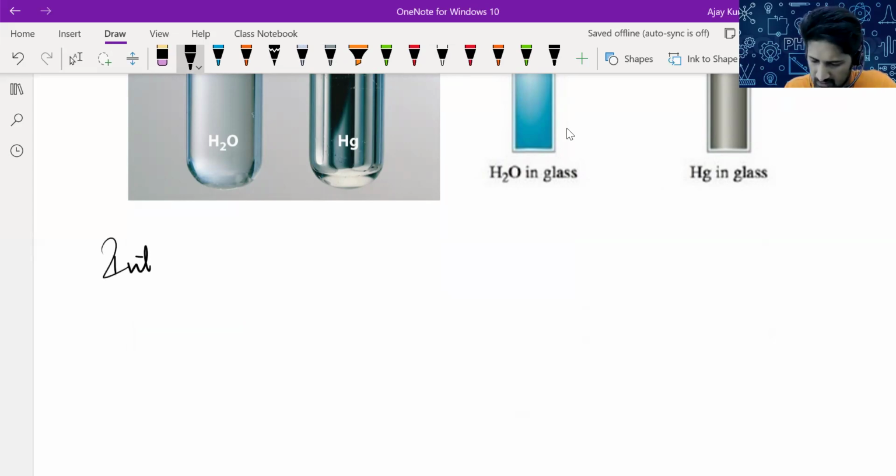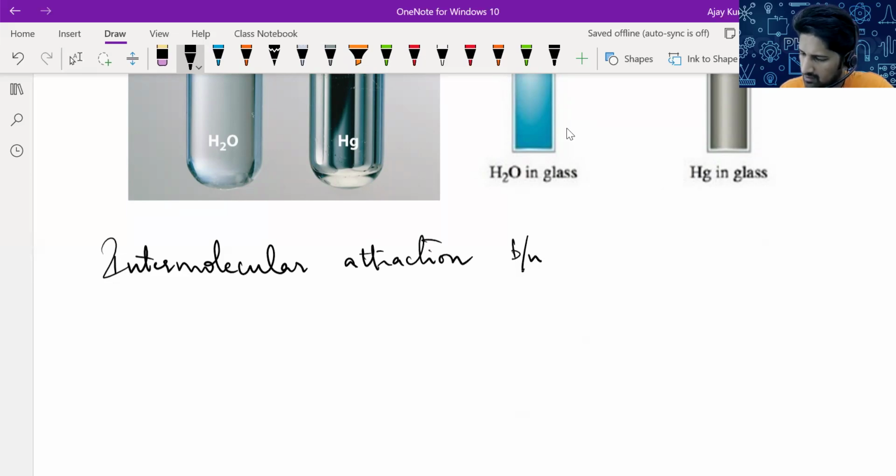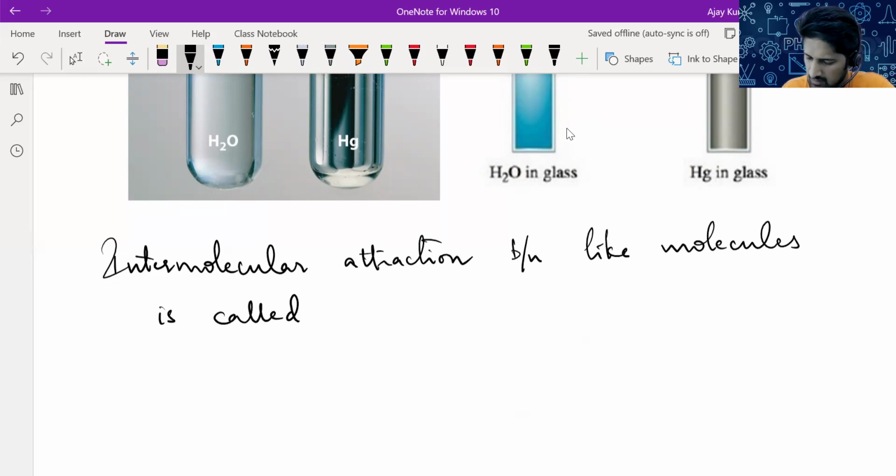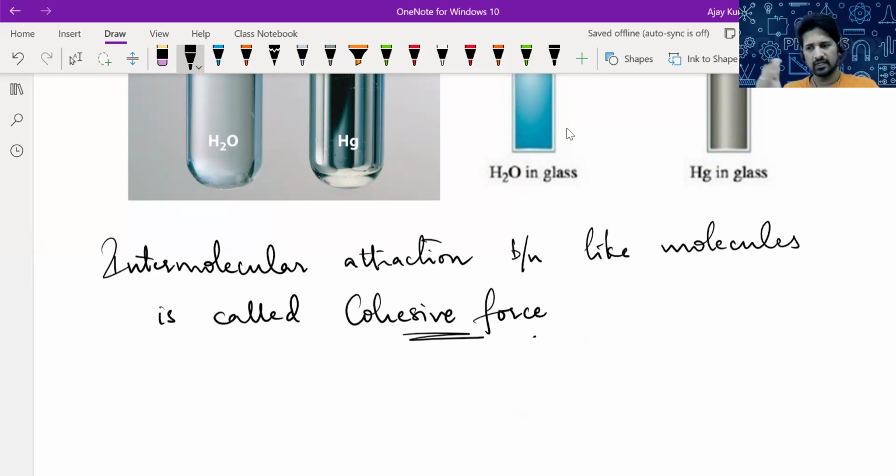That intermolecular attraction between like molecules, molecules of the same kind, is called cohesive force, or that phenomenon is called cohesion. So whatever intermolecular force liquids exert, that is called cohesive force.